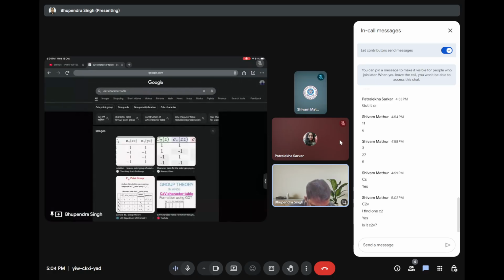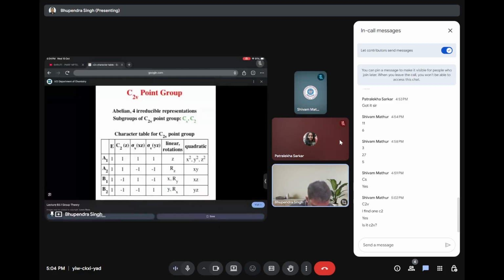So to work out this problem, we need a character table of the C2V point group.